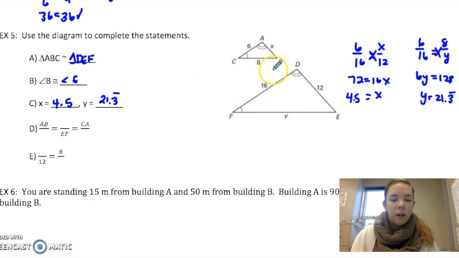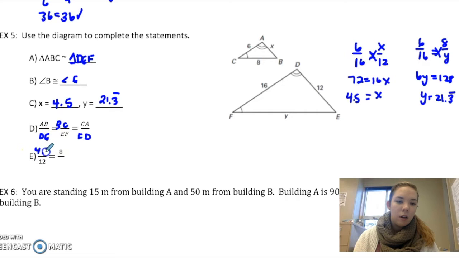AB over DE equals BC over EF, CA over FD. Blank over 12, so I think that's x over 12, or in our case, let's use 4.5, equals 8 over y, which we found to be 21.3.